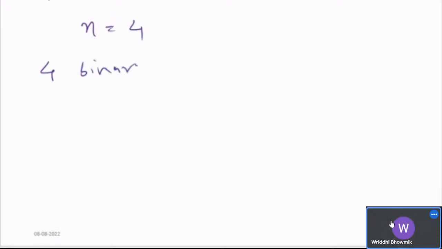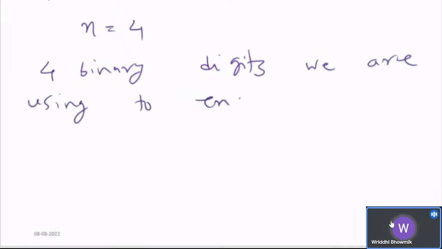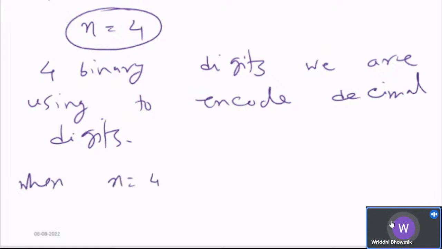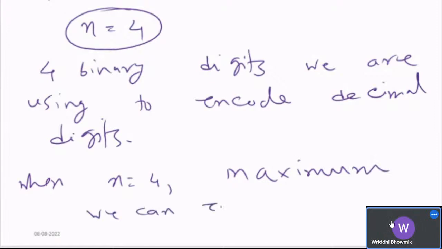So when small n is equal to 4, maximum we can encode 0 to 2 to the power n minus 1, which is 0 to 2 to the power 4 minus 1, that is 0 to 15.